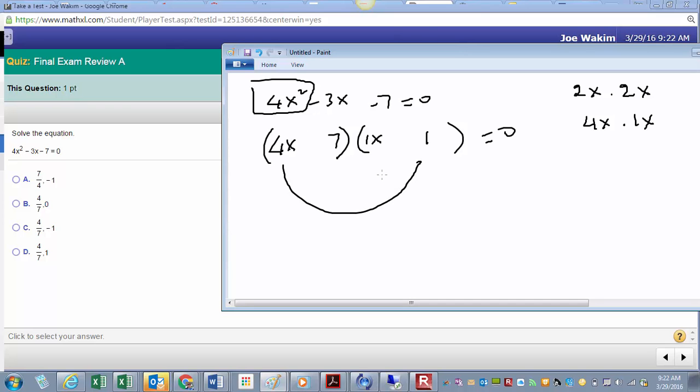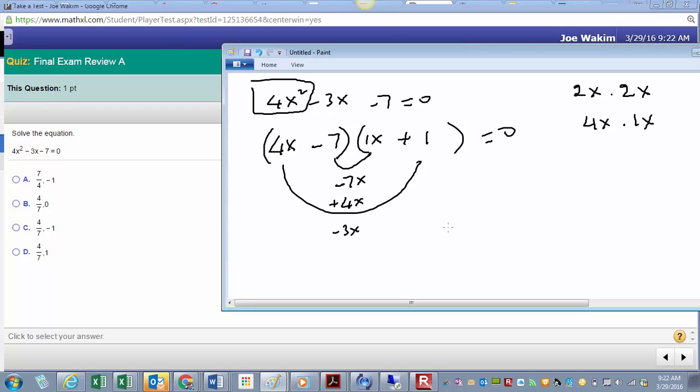The outer is 4x. And the inner is 7x, okay? But I need negative 3x. So if I add these two, I get 11. If I subtract, I get 3x. To get negative 3x, if I put negative 7 plus 4, and then add, that's how I get negative 3x. So I need to get negative 7x plus 4x, okay?